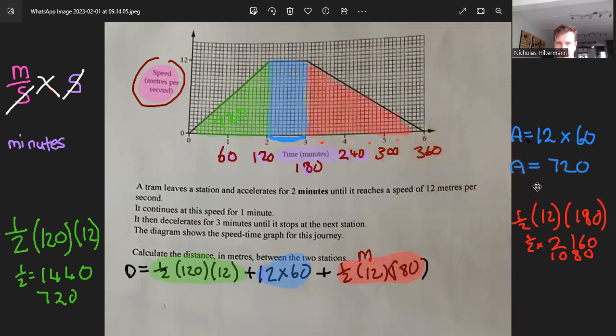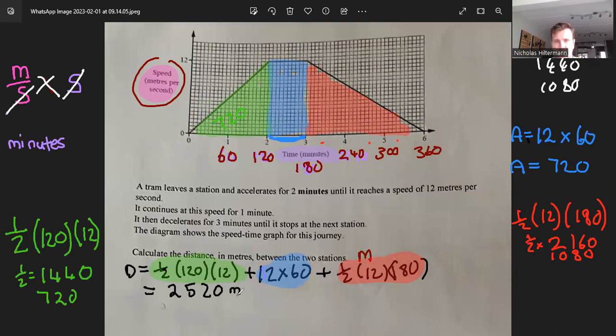And so I've got my full area here. I just add my 720 plus 720, which is 1,440. And then I add the 1,080, so that's 2,520. 2,520 meters.